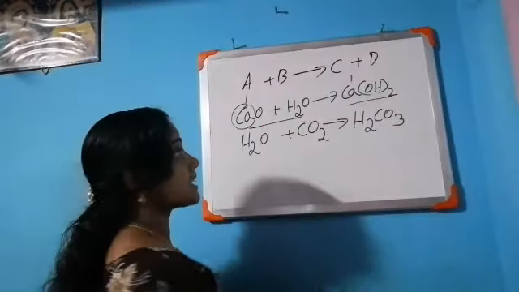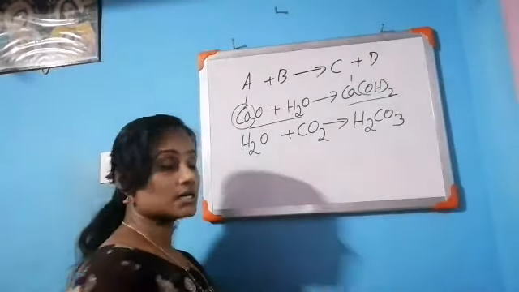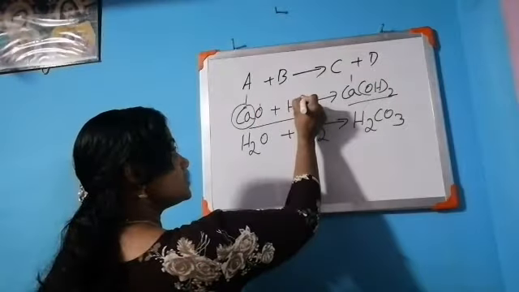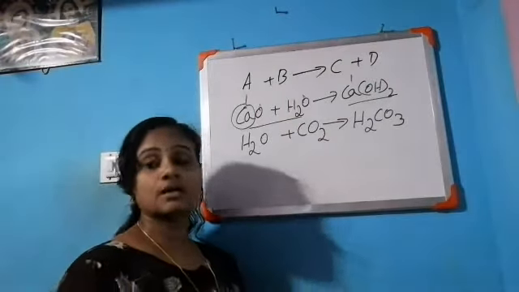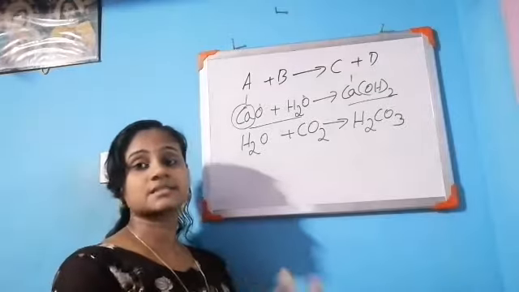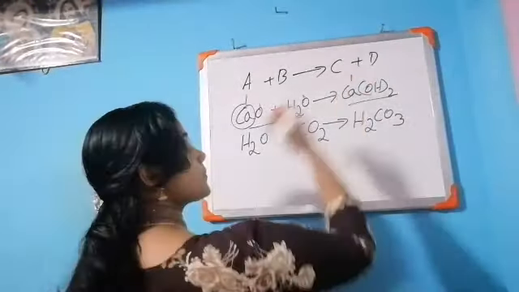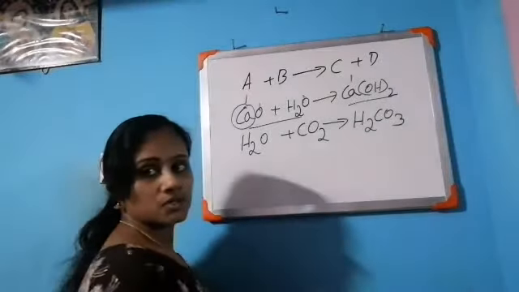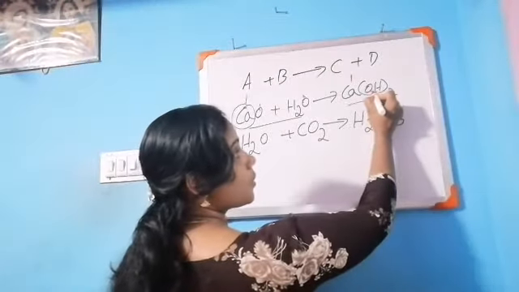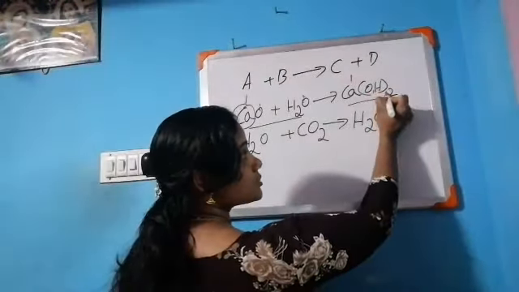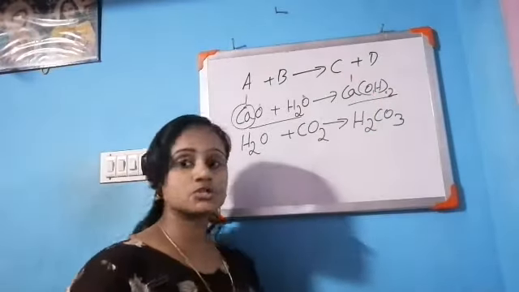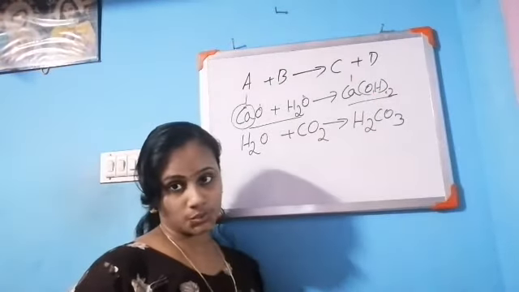In the reactant side, how many oxygen are there? 1, 2. So total oxygen on the left side, the reactant side, is 2. In the product side, how many oxygen? 1 into 2, that is equal to 2.